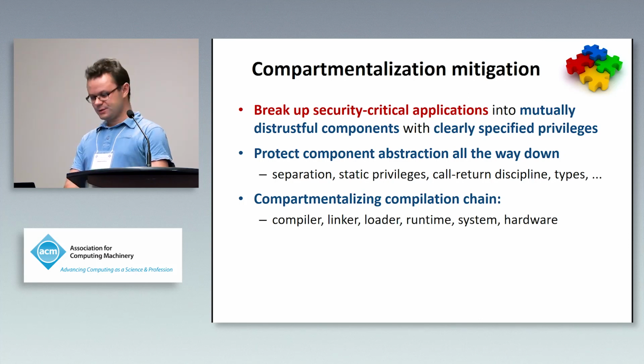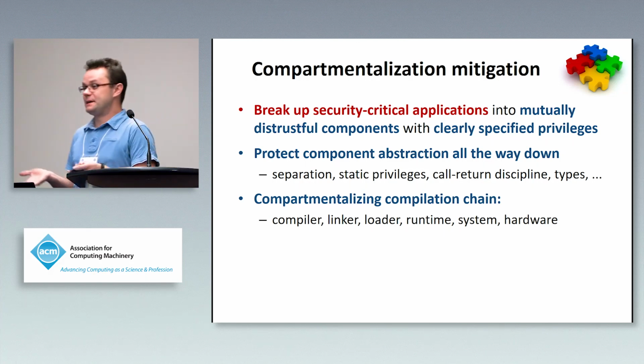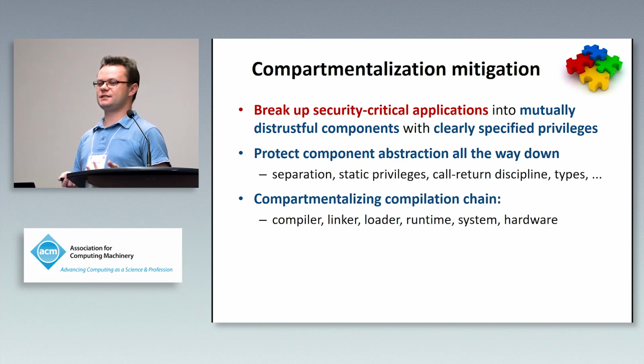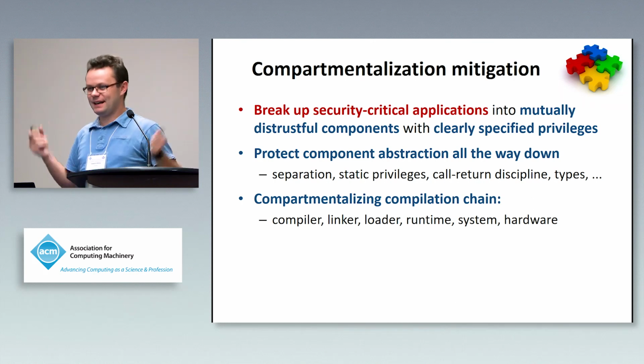This includes the compiler, but also the linker, the loader, the runtime system, the operating system, and even the hardware can give you features that allow you to enforce compartmentalization. So I'm calling all these things a compilation chain.